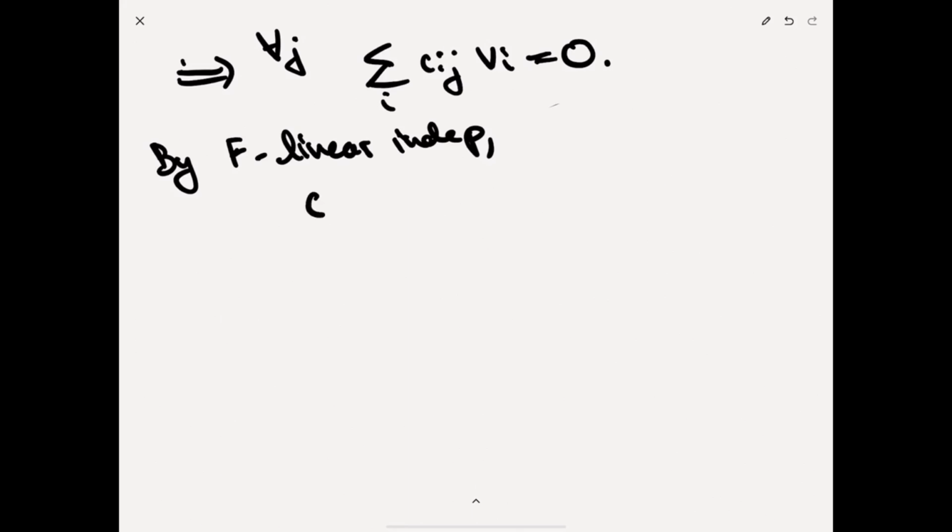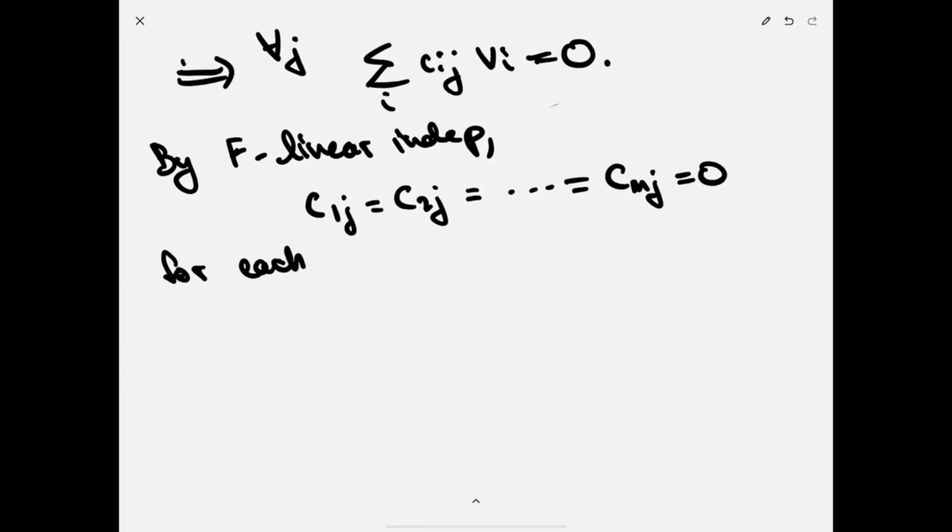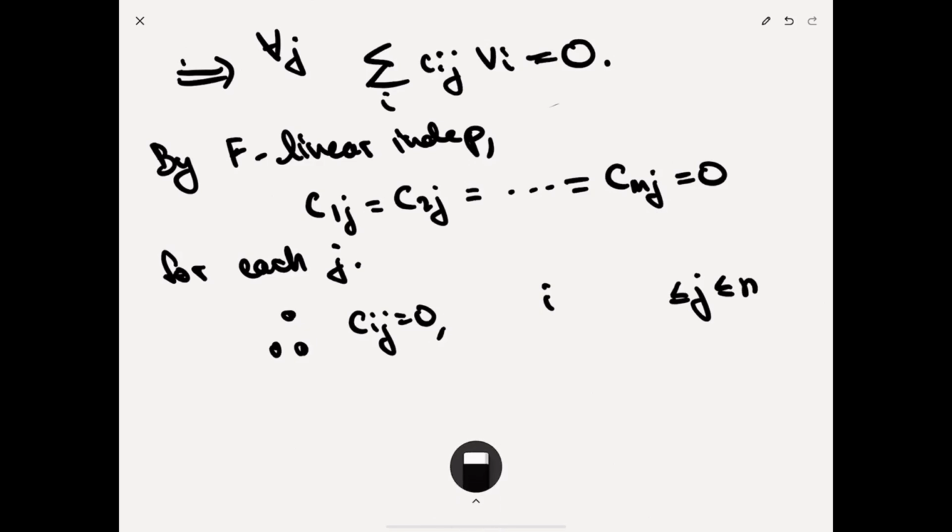So C1j is equal to C2j is equal to ... Cmj, which is equal to 0 for each j. Hence all the Cij's are 0 for all the i's and j's in the appropriate ranges.